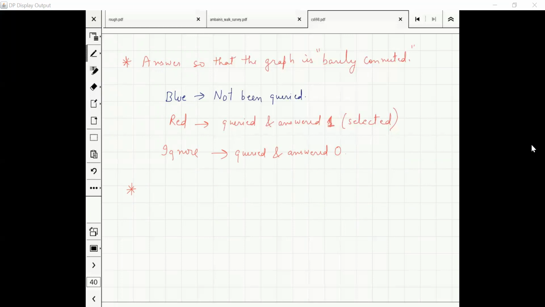That means at any point of time, using red and blue edges, it should be connected, not just a spanning tree, right? Look at the first stage, when you have not picked anything. Blue is everything, so it cannot be a spanning tree. But what I want is that if even using red and blue, my graph is not connected, then there is no hope of making the graph connected, right?